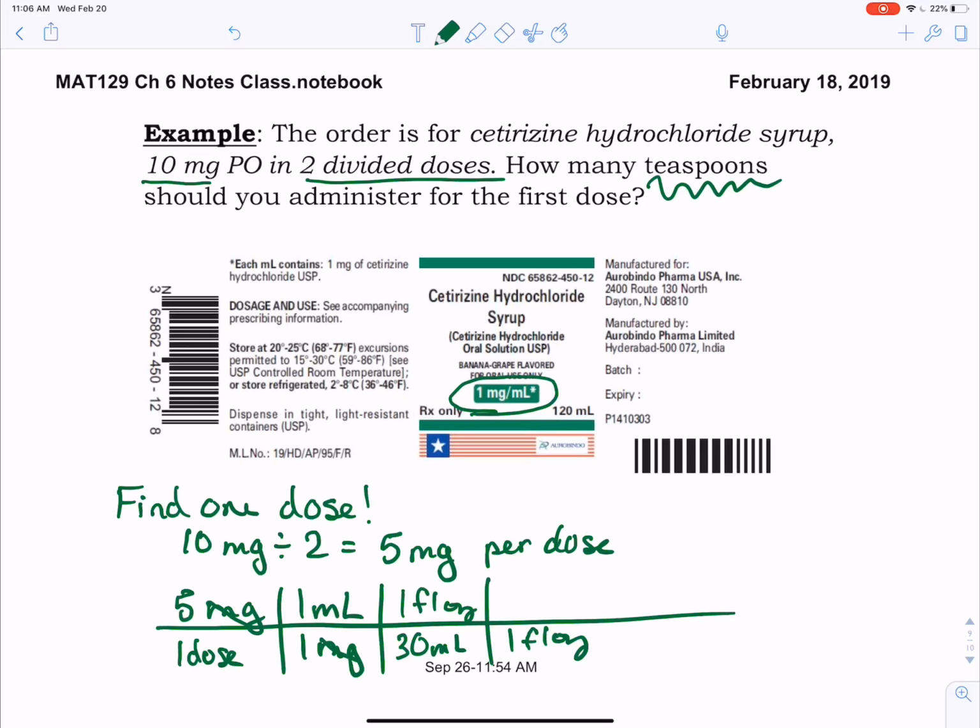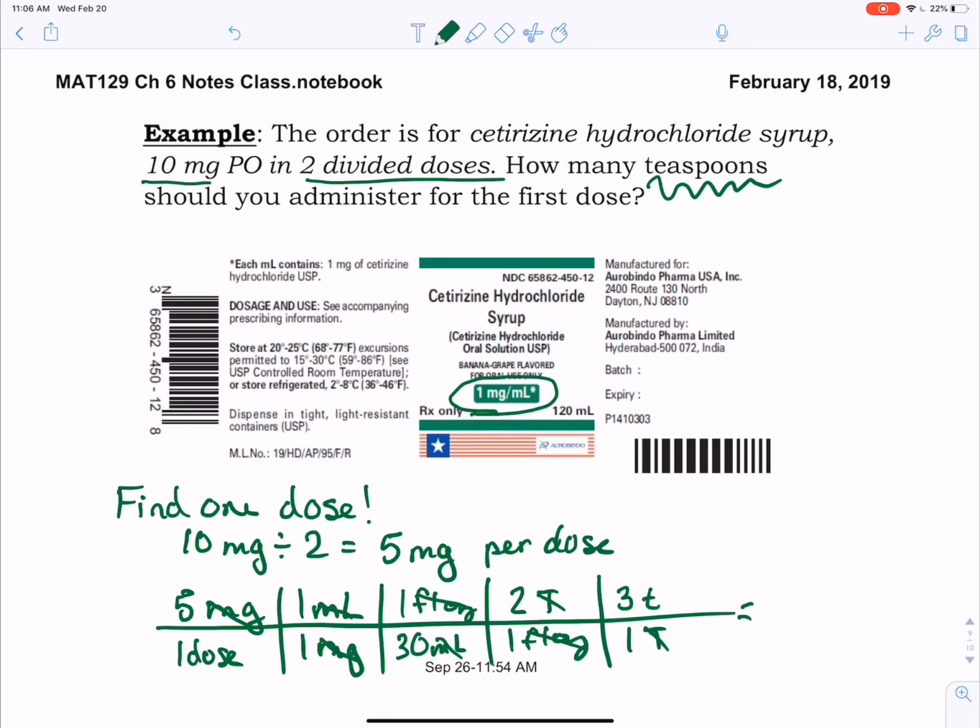in 2 tablespoons, but we want to go to teaspoons. And we know that tablespoons and teaspoons are related because there's 3 teaspoons in 1 tablespoon. So we need to make sure our tablespoons cancel out. We get our 3 teaspoons up top. If we do this, milliliters cancel out, fluid ounces cancel out, tablespoons cancel out.